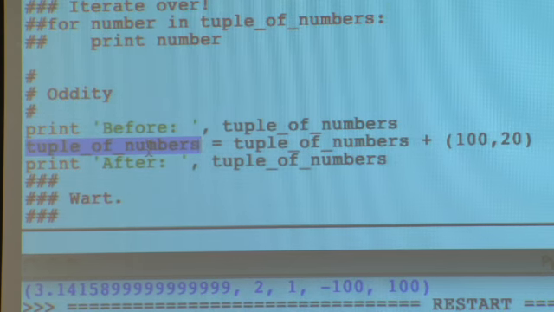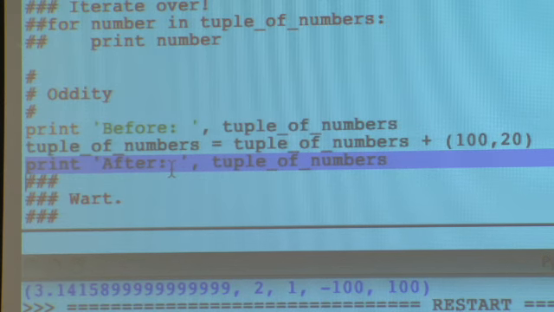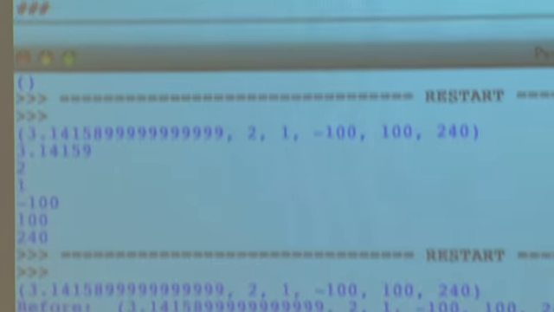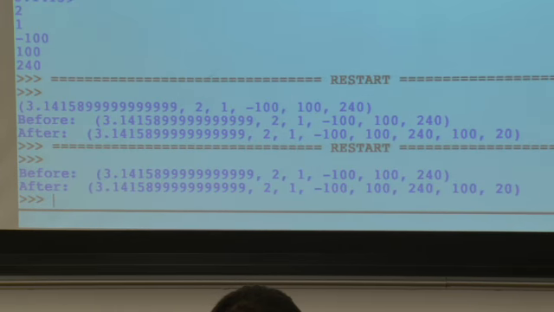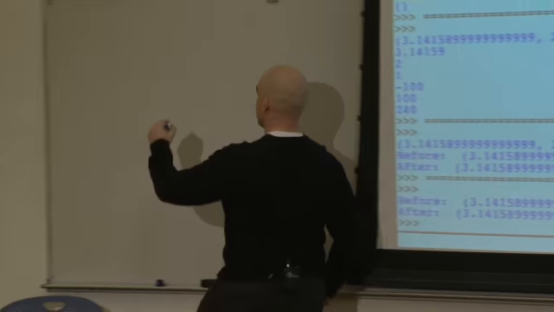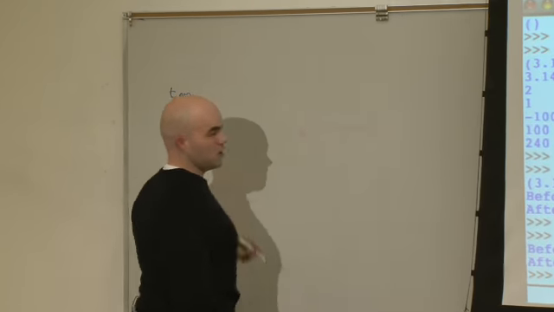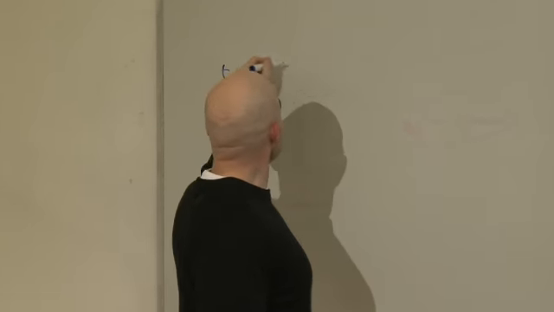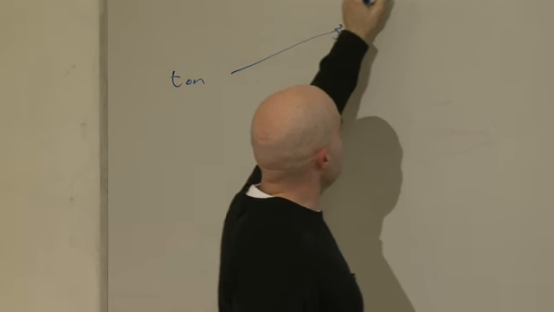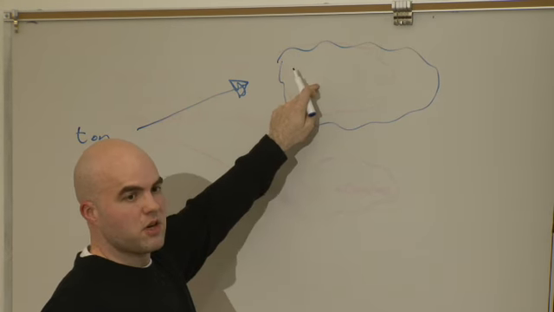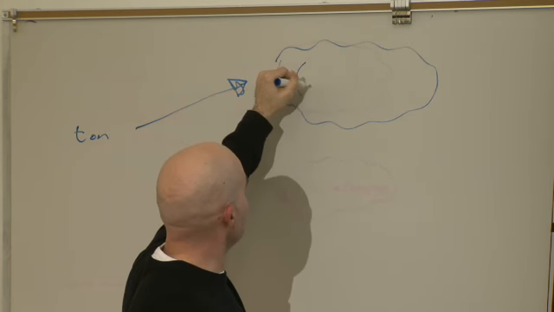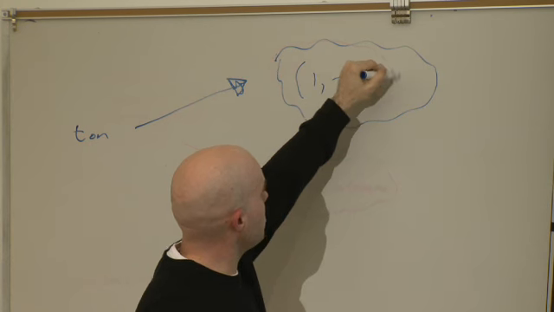So it looks sort of like I'm modifying the tuple. But in reality, what's happening is I'm creating a new tuple. Let's say I have ton here. Ton is short for tuple of numbers. Originally, it's telling Python that some chunk of memory has a tuple of 1, 2, 3, 4.